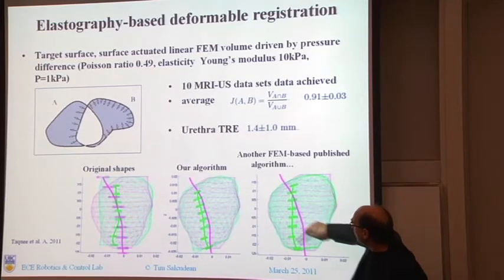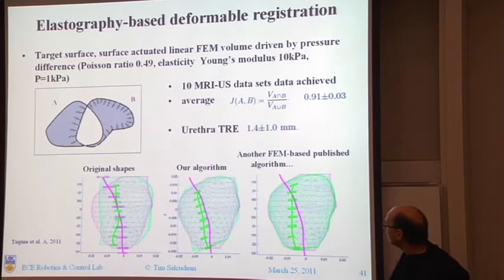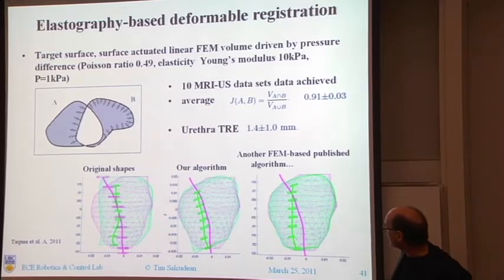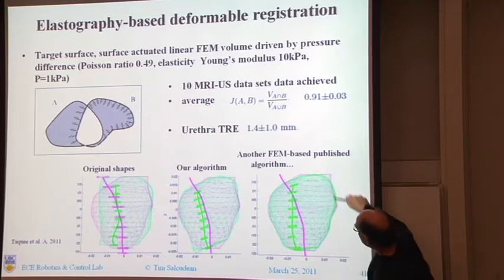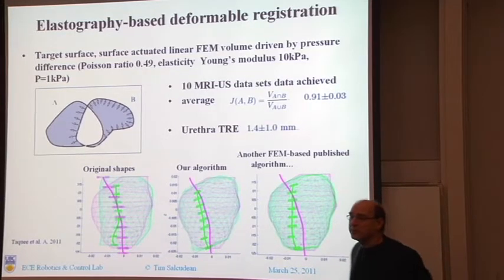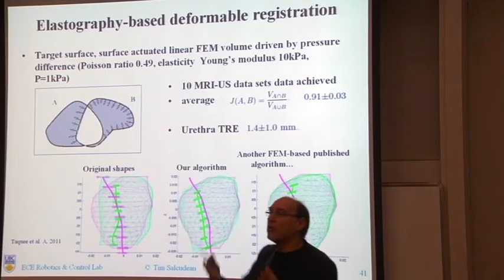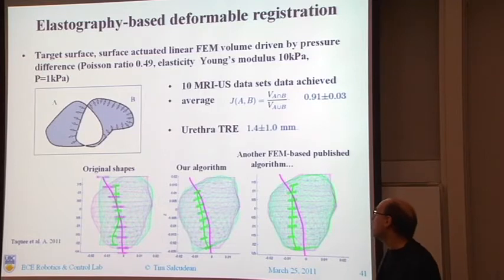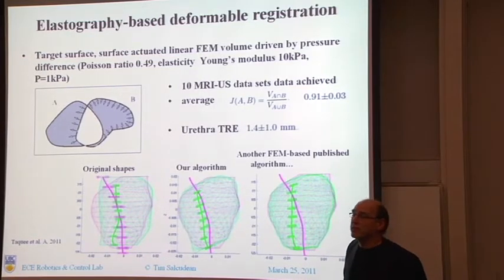Here's one example of a registration from a group from Harvard, including Ron Kikinis and Claire Tempany, where you see a very, very nice match of the surfaces. But in fact, this becomes at some point like pouring water into a bottle. You will always take the shape that you want if you make it soft enough. And what you see is the difference in the urethras is quite significant.